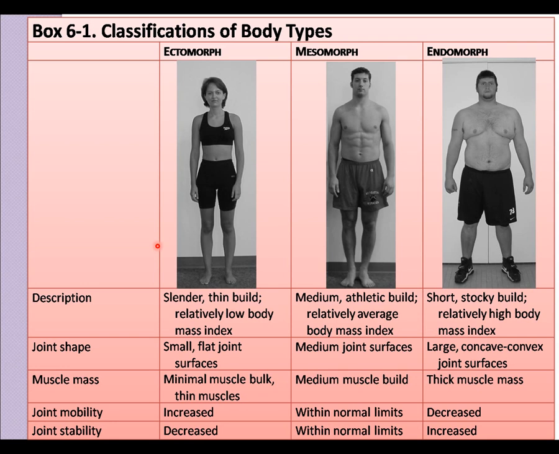So the medium kind of individuals, and your endomorph are your larger, stocky individuals. Probably a little bit slower metabolism, heavy build, heavier body mass index, large bone structure, large joint surfaces, more muscle mass. Your larger individuals in general.